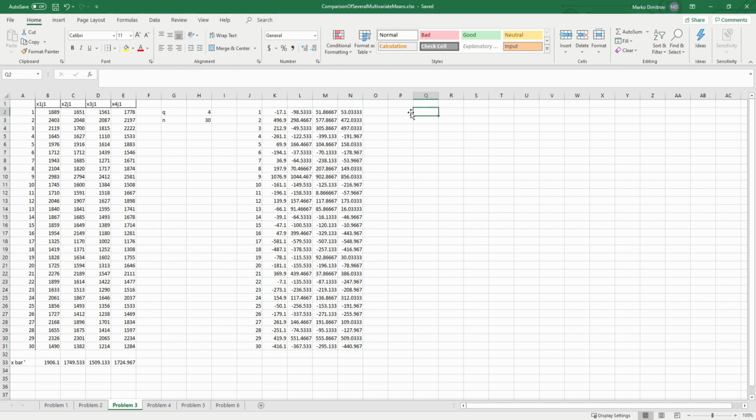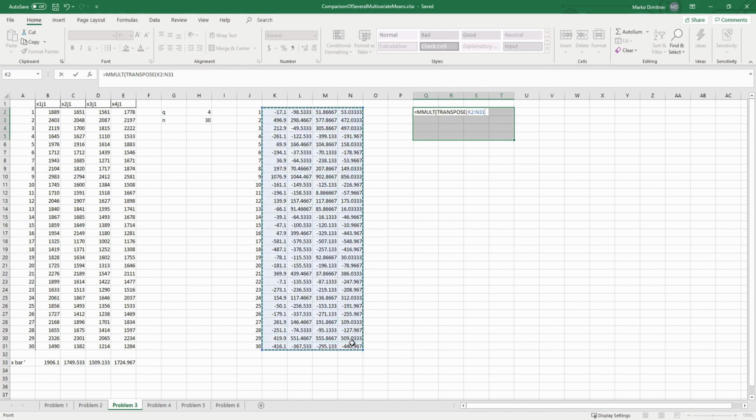Using those differences, we can compute our matrix Sx. The same way that we always do it, but now we need to see that it is a 4 times 4 matrix. So we need to multiply the transposed matrix with this matrix, divided by 30 minus 1.